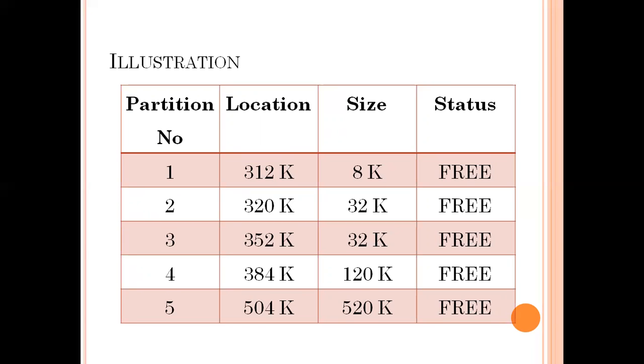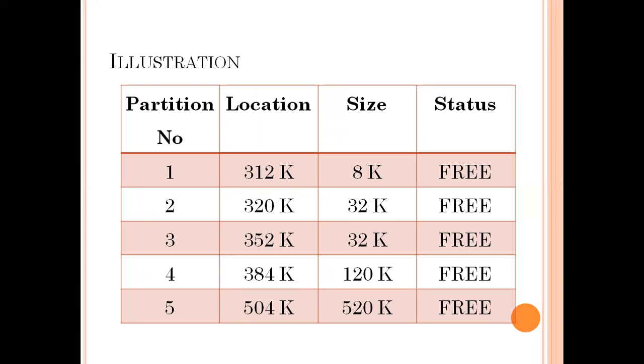The third partition starts at 352K, size is 32K, so 352K plus 32 is 384K. The fourth partition size is 120K, so 384K plus 120 is 504K. The fifth partition starts from 504K and the size is 520K, so it goes from 504K to 1024K.